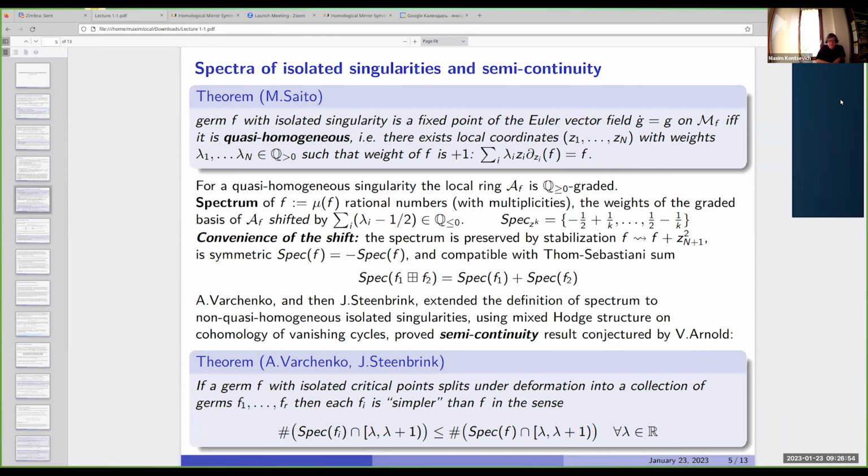So if you have a germ with an isolated critical point, and it splits into a collection of germs, then each new germ is simpler: of course it has a smaller Milnor number, but also it's more narrow, in the sense that if you consider the number of elements in the spectrum in any semi-closed interval of length 1, it will decrease. In the original argument you have a semi-open interval closed on the left, but because of the symmetry of the spectra, it's the same as closed on the right.